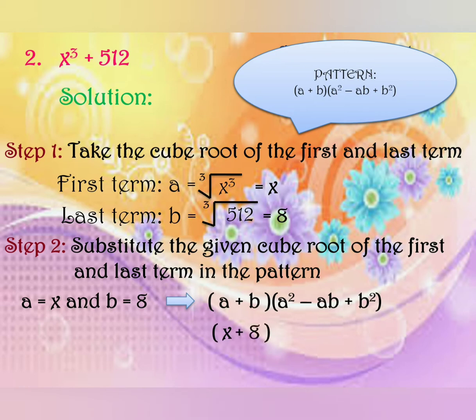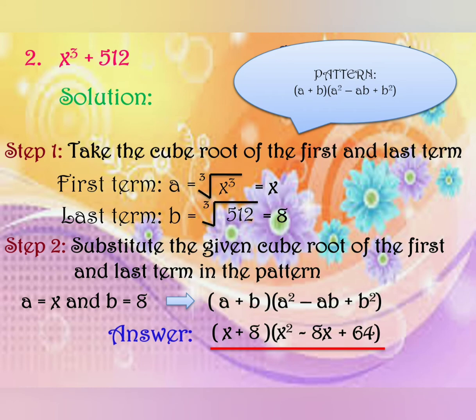So quantity x plus 8 times x squared minus 8x plus 8 raised to 2, or equal to 64. So the factored form of x cubed plus 512 is quantity x plus 8 times quantity x squared minus 8x plus 64.